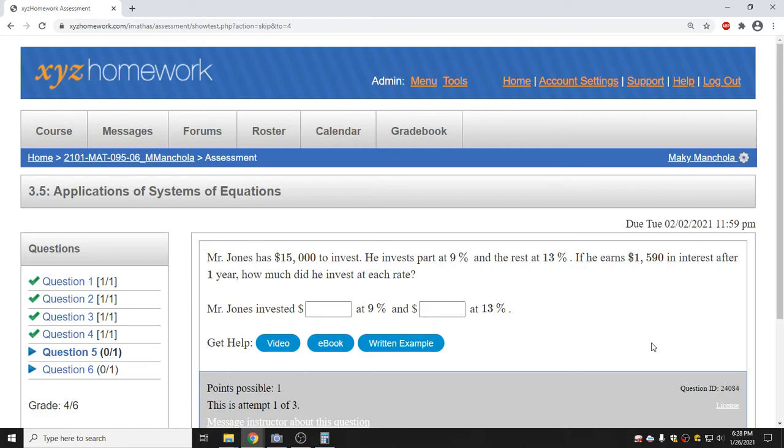If he earns $1,590 in interest after 1 year, how much did he invest at each rate? Okay, so let's clean the board, put the information down.